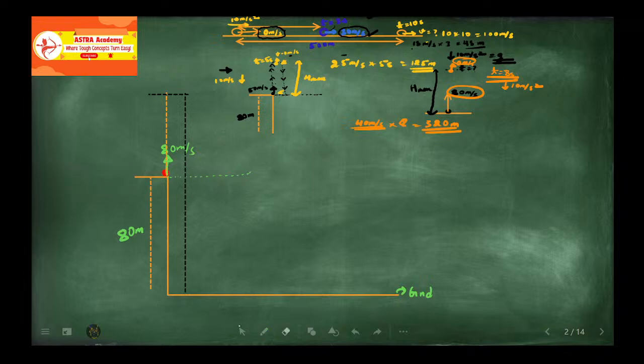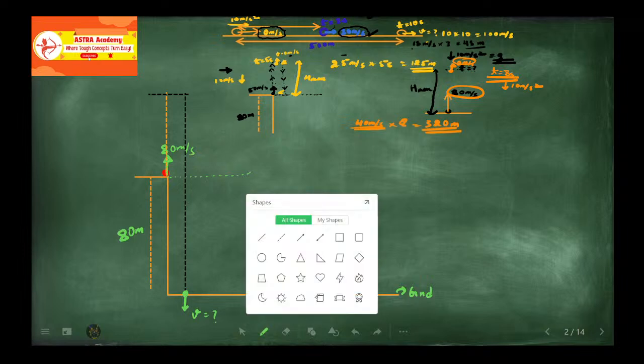Anyway, now let us understand. They can ask anything. They can ask what is the velocity of the ball by which it strikes the ground. They can ask what is the maximum height from the terrace.